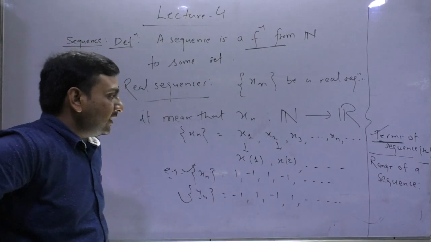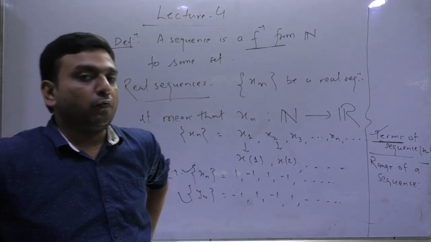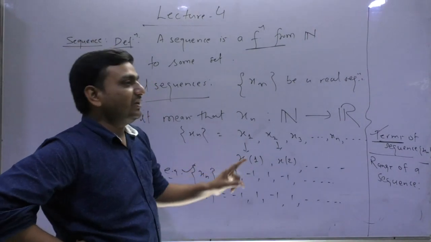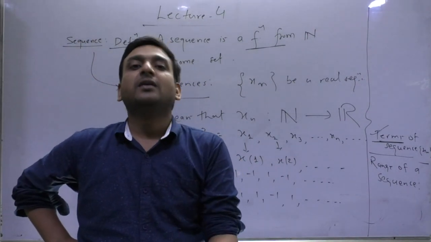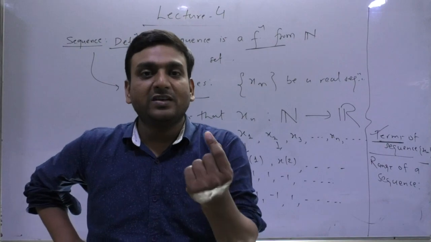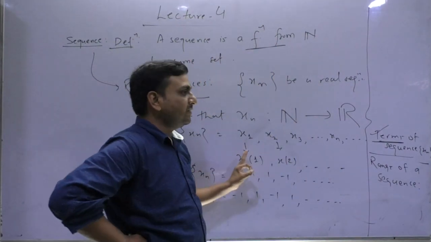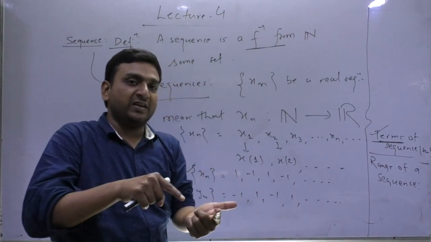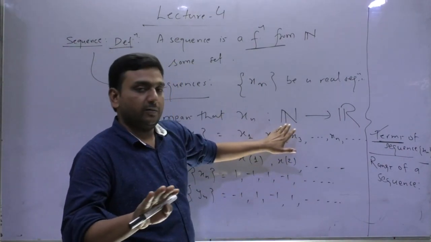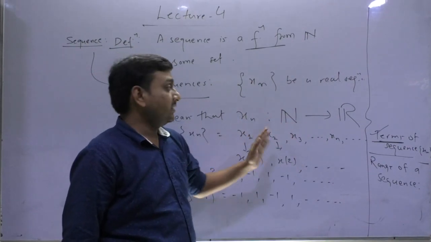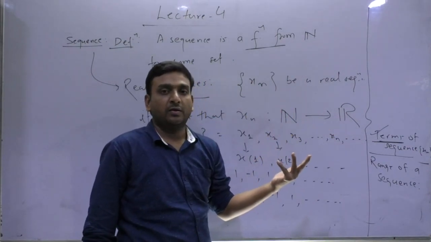So when I say range of a sequence, what does it mean actually? See, sequence is what? Repeat. Sequence is nothing but a function only. So we have fixed set of natural numbers as domain for a sequence, then range may differ.